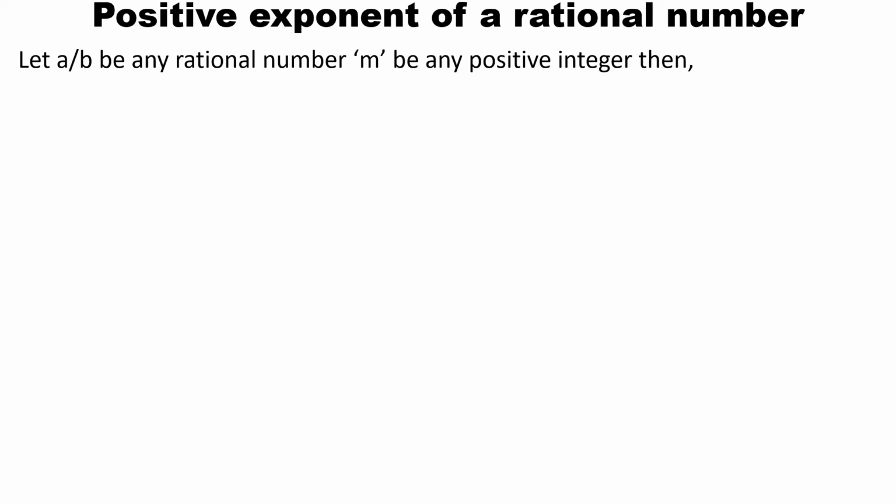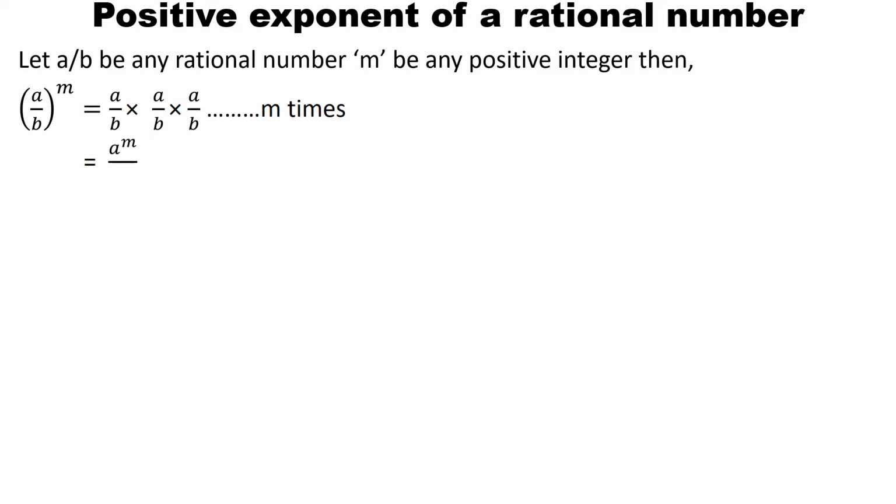Now let's learn a new topic, that is positive exponent of a rational number. Let a by b be any rational number, m be any positive integer, then a by b whole power m is equal to a by b into a by b till m times.